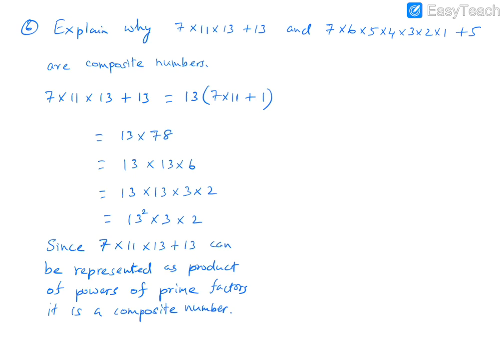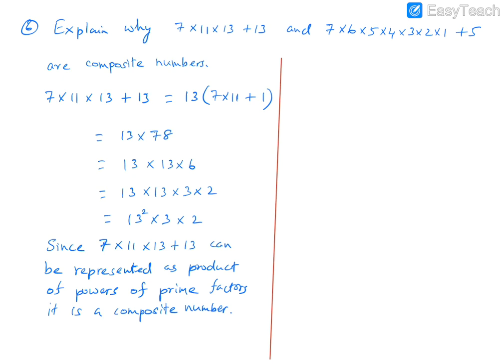Okay, so that's the way to go about it. We have shown that the left hand side expression can be represented in terms of the product of prime factors. Therefore the left hand side expression that is given to us is indeed a composite number.